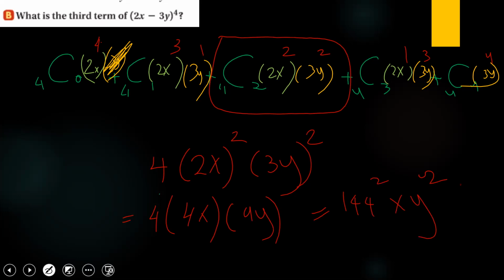So you have to find it by these two methods. The first way, you can write all the expansion and stop at number 3, the third term, and tell me what the third term is. Or you can solve it by the shorter one. I told you about the third term, so you say 3 minus 1, 2 from 4.